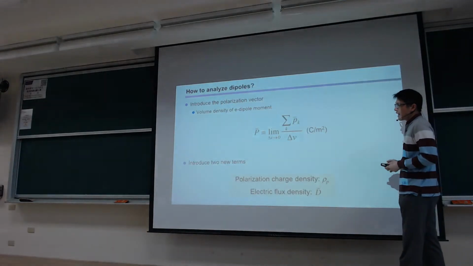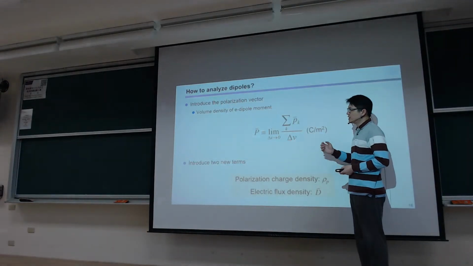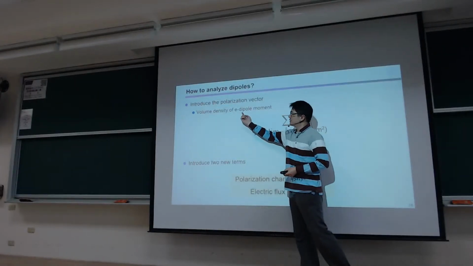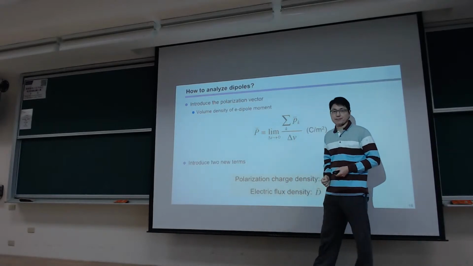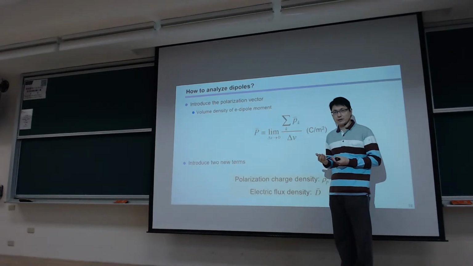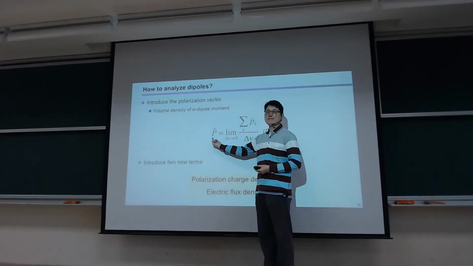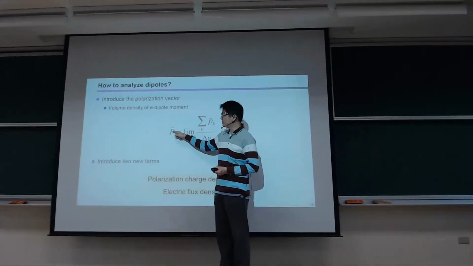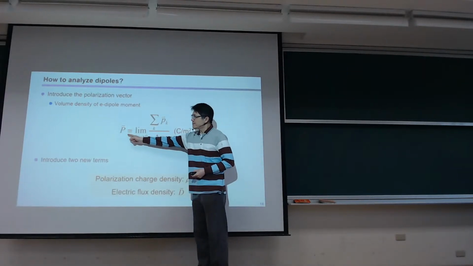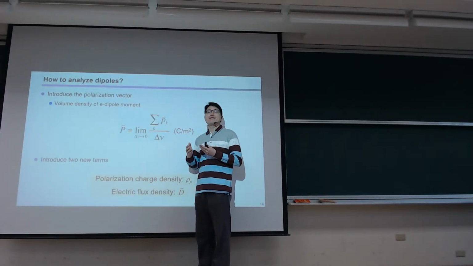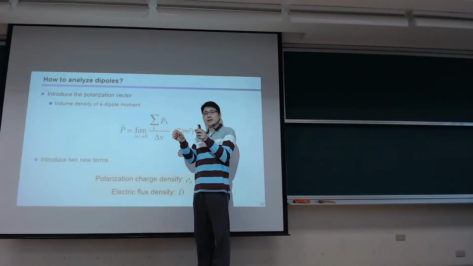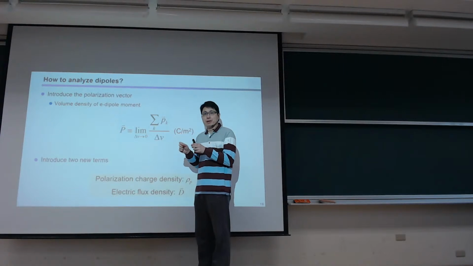So the first effort we're trying is to quantify the net electric dipole moment. So we're now introducing a new vector field called the polarization vector, capitalized P with a vector sign. This polarization vector is nothing more than the volume density of the sum of all the small dipole moments.